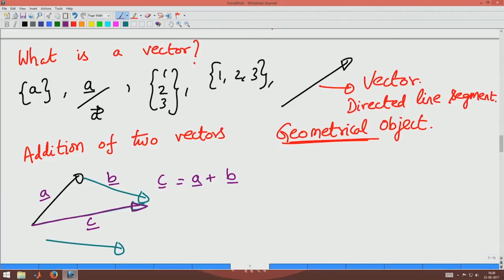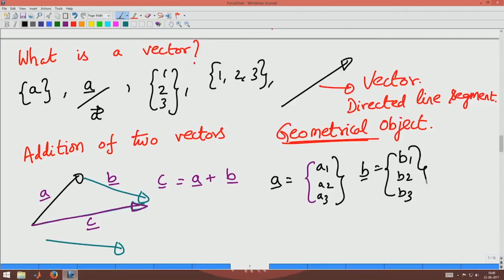For us, if A were to be written as A1, A2, A3 and B were to be written as B1, B2, B3, then C is A1 plus B1, A2 plus B2, A3 plus B3. This is a special case.